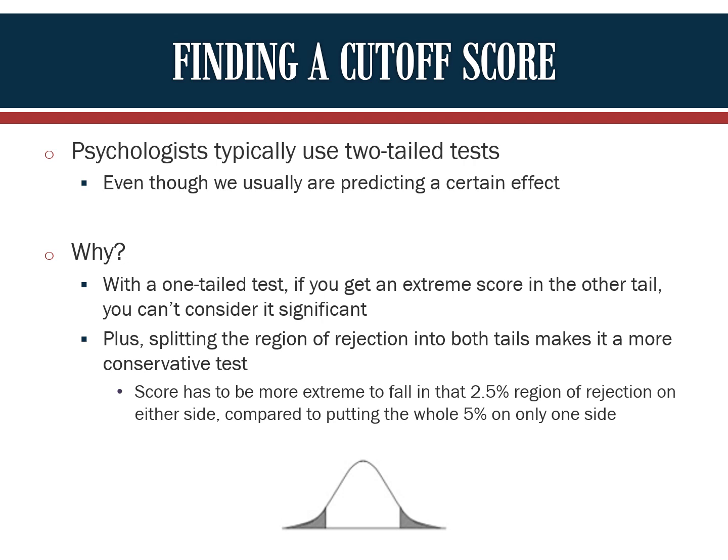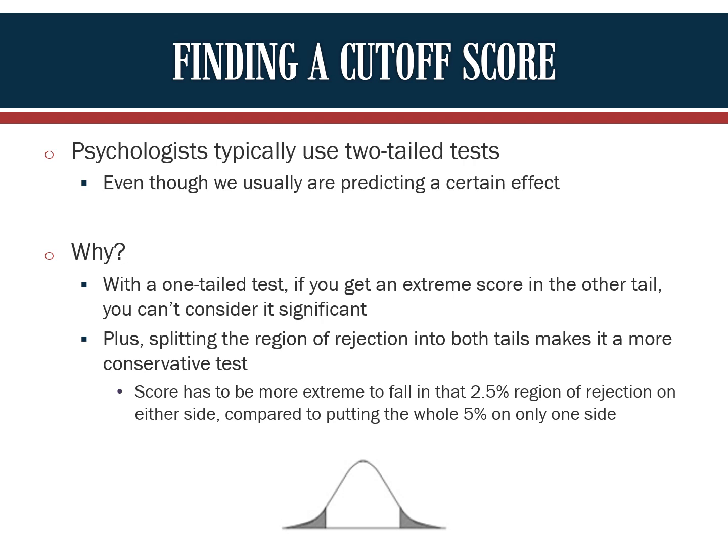Another sort of bonus of doing a two-tailed test is that if we split the region of rejection into both tails, it actually makes it a more conservative test. And by that I mean that the score in your sample has to be more extreme to fall in a 2.5% region of rejection, because again, we have that 2.5% on each side. So whichever direction your score actually goes, upper or lower, it has to be more extreme to fall in that smaller region compared to if I put the whole 5% on only one side.